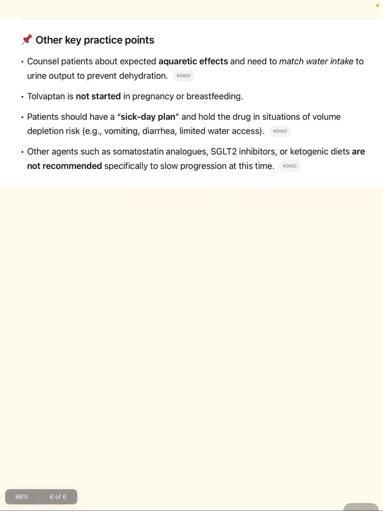So, in brief, according to KDIGO 2025, tolvaptan is the only approved disease-modifying drug in ADPKD.